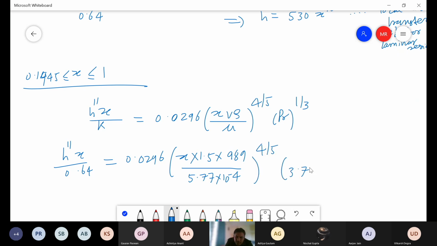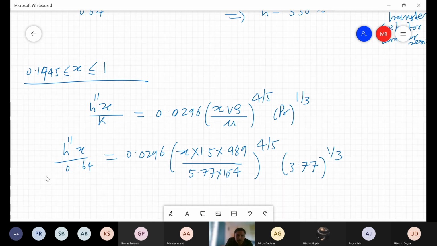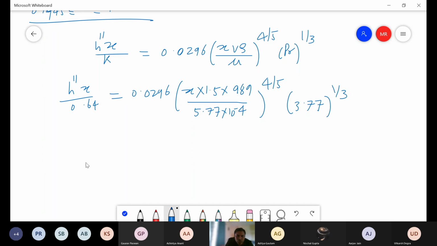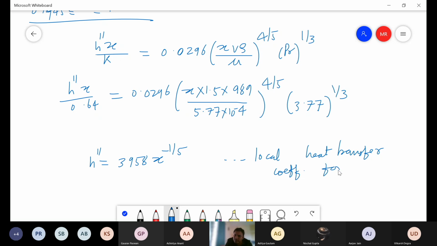Prandtl number is 3.77 raised to the power 1/3. If we rearrange everything, h'' will be obtained as 3958 x raised to the power minus 1/5. So this is the local heat transfer coefficient for turbulent flow.